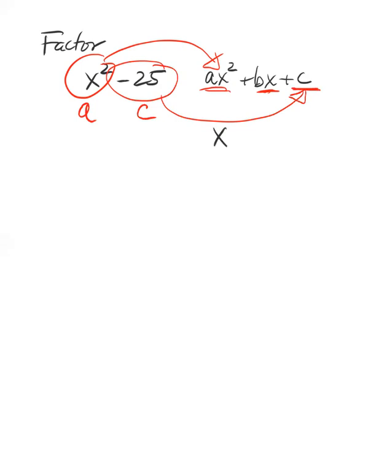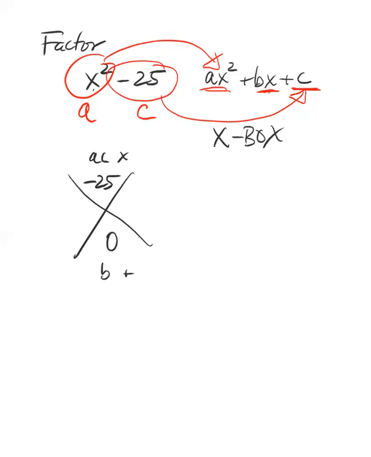We're actually still going to use the x box. Okay? And the parts of the x box are still the same. a times c goes up top, the b goes down on the bottom. So the number in front of the x squared, there's no number there, so we assume that's 1. So that's negative 25. And because we don't have a b term, we're just going to put a 0 there.